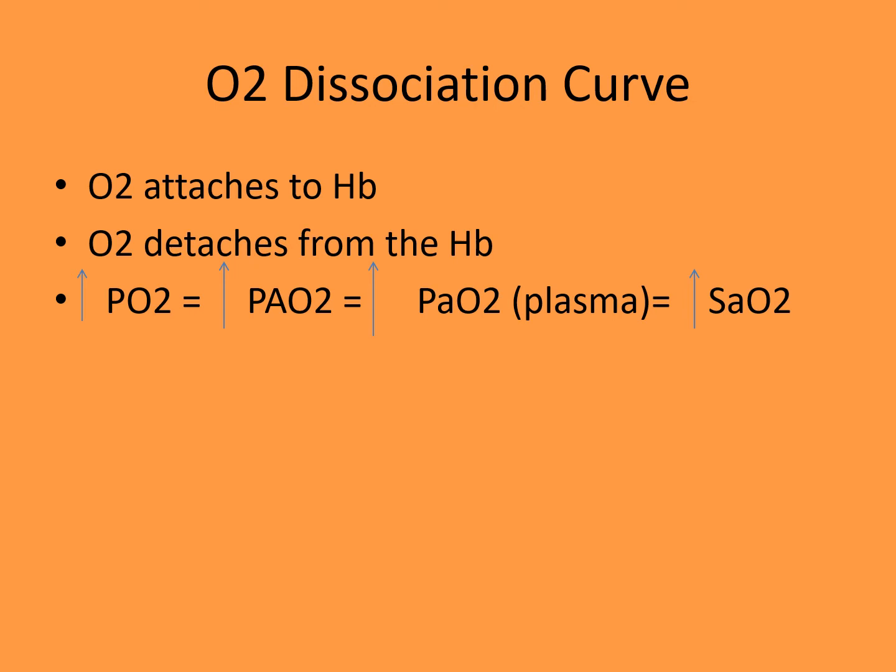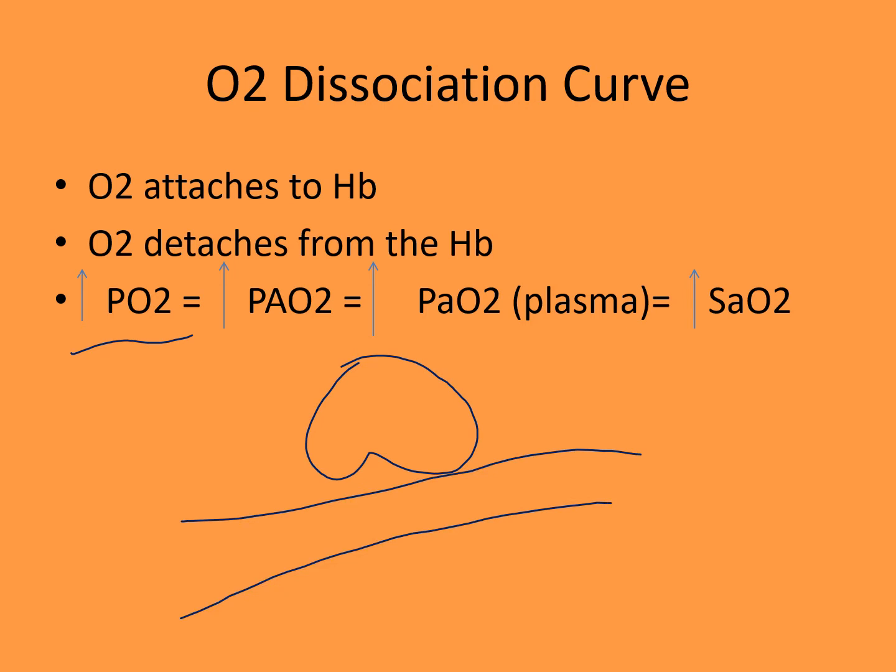And so as I increase my PO2 at the lungs, so here's my lung tissue, and as I increase oxygen going into my plasma, as this PaO2 increases, I will then increase the tension being pushed onto the hemoglobin molecule, and then I'll have more gradient available for more oxygen to be diffused into the plasma, which then means I'll have an increased plasma level, increased PaO2, which then means there'll be more pressure pushing it onto the hemoglobin molecule, right?